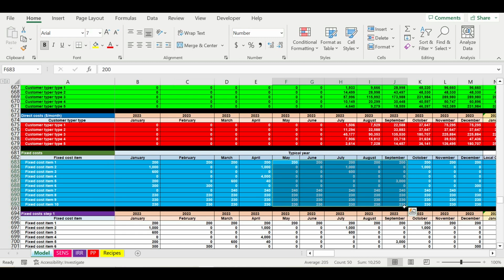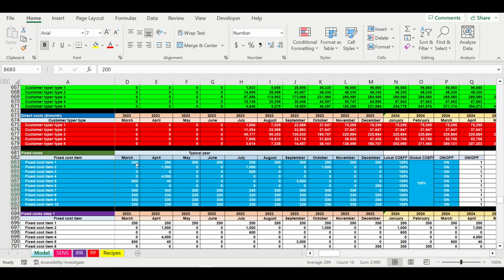So that's why we can't just use average values and extrapolate them from left to right. If some fixed costs have some algorithms, we will be able to allocate these costs inside the typical year and see what will happen to the cash flow statement if we have some seasonality inside fixed costs.